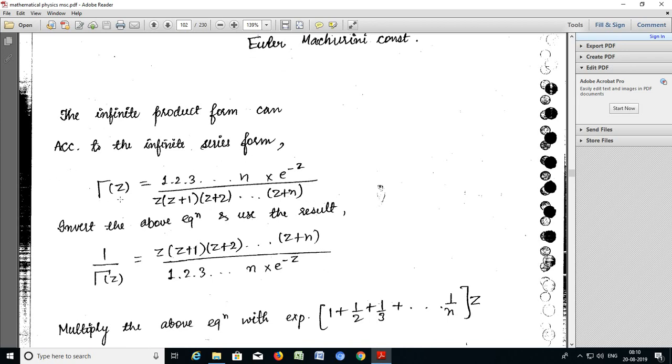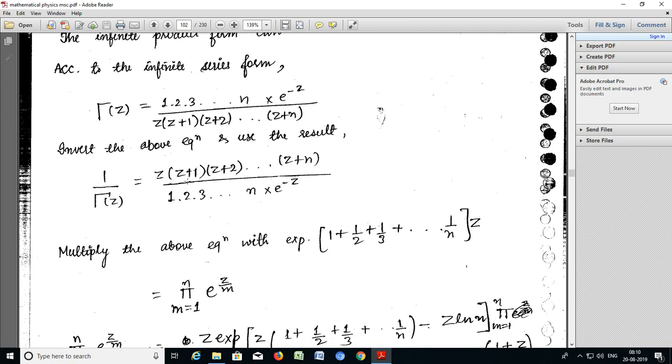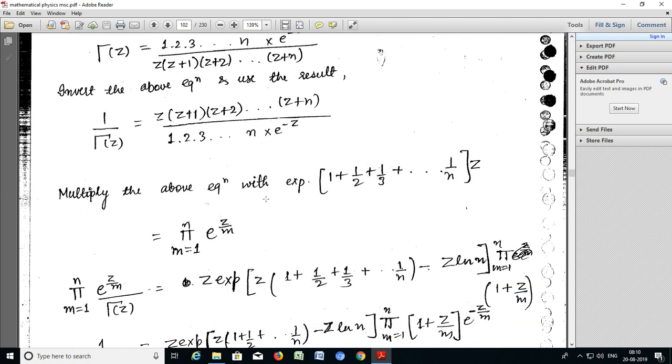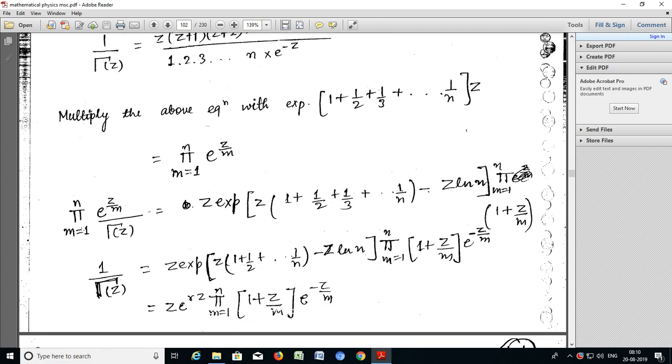The infinite product form, according to the infinite series form, is gamma z. We know this is the definition of gamma function. Now invert the above equation. So we get 1 over this. All the terms are reversed. So we get z, and the 1 plus z over m term up, and this is in the denominator. Multiply the above equation by the expression 1 plus 1 over 2 plus 1 over 3 into z.